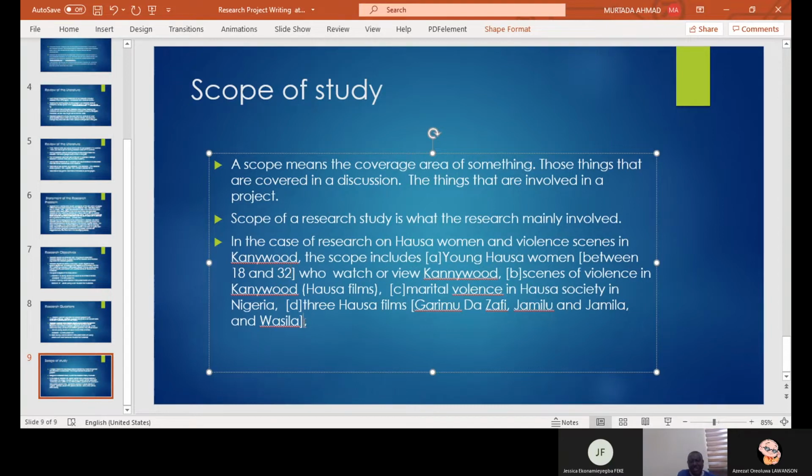This is what our research covers, because a research cannot cover everything. A research must have a scope.